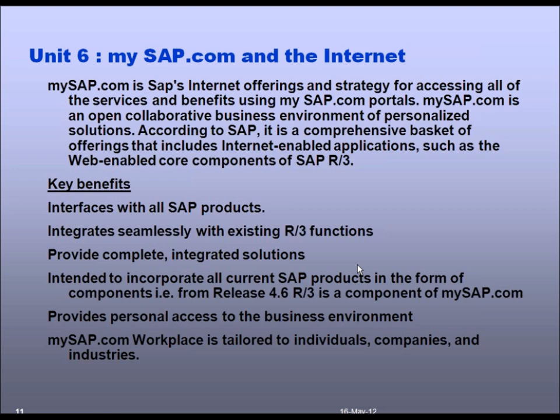This is from the technical perspective, which you will not be knowing unless you are an ABAPer or a system administrator. You will not be seeing this one. So what SAP thought was, if we don't provide internet enability for the SAP applications, we might lag behind competitors. So keep that in mind.